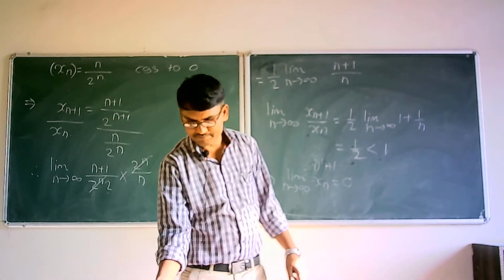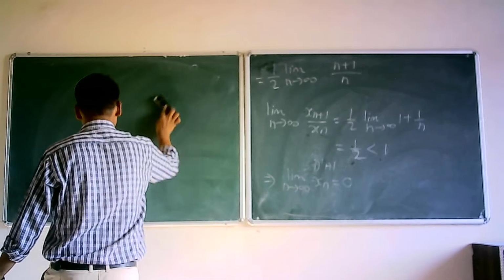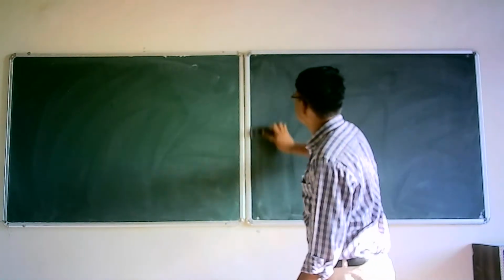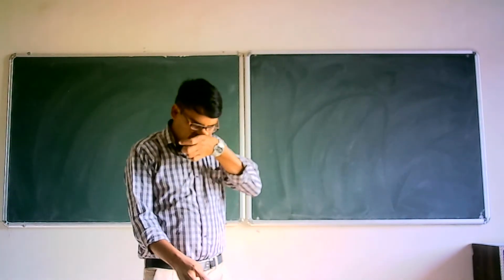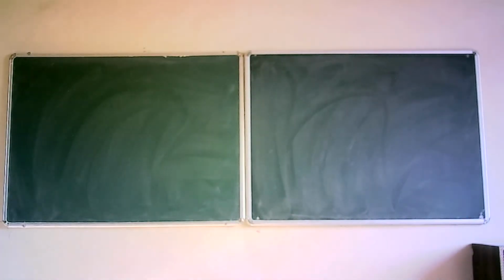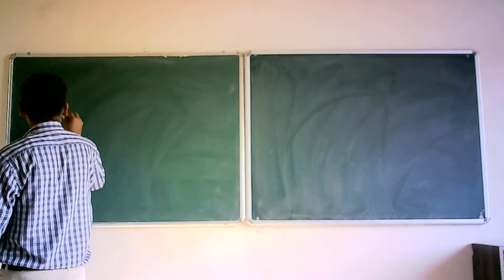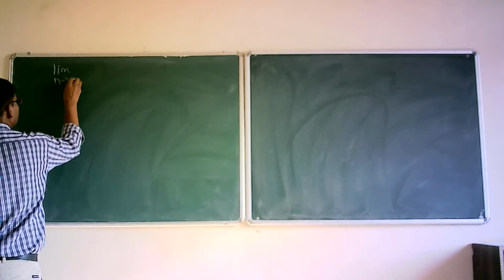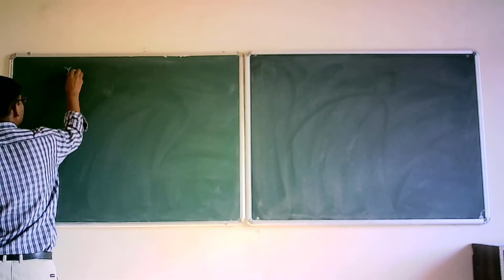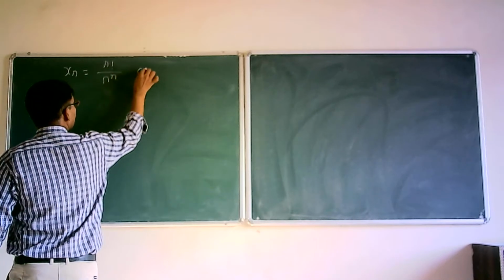Take one more example. Show that the sequence x_n equal to n factorial divided by n^n converges to 0.